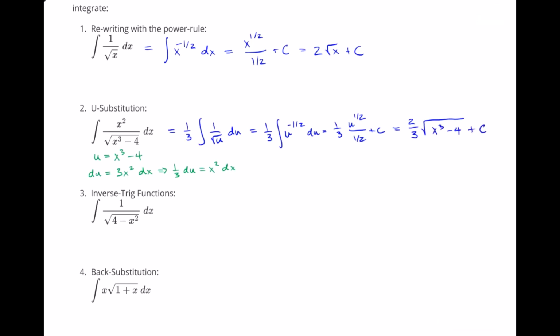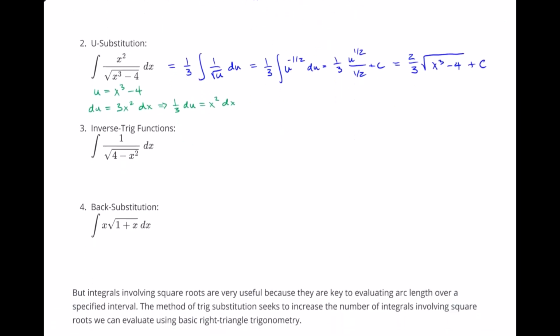Okay, that's another way that we could solve integrals involving square roots. Another way is what we learned with inverse trig functions. So with inverse trig functions, we saw a few special cases, and these didn't apply very often, but when they did, it was pretty straightforward, as long as you remember the formula. So this form right here, 1 over the square root of 4 minus x squared. If we assume 4 could represent some variable a, which of course has to be a squared, so a would actually just be 2, so that 2 squared would be 4.